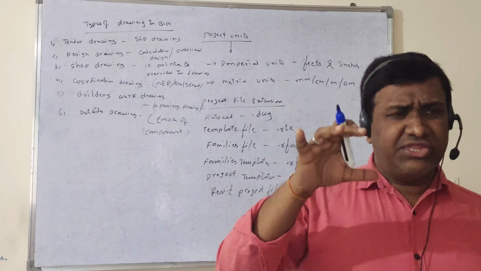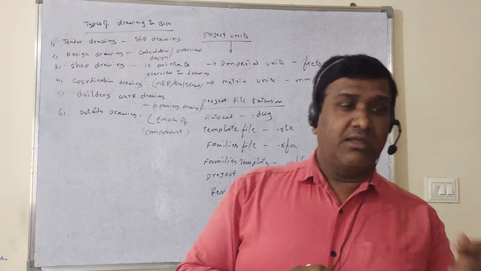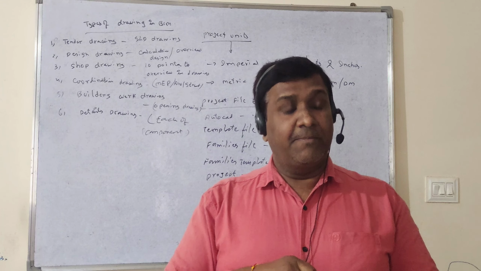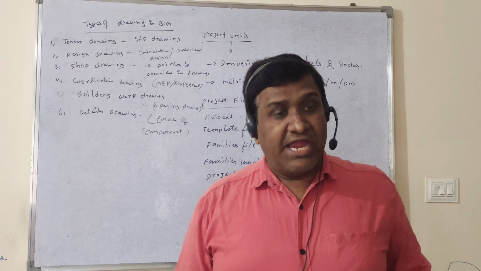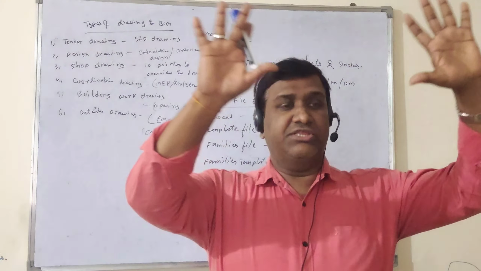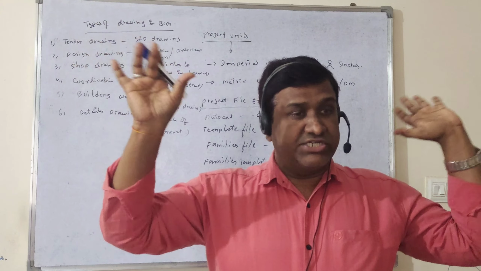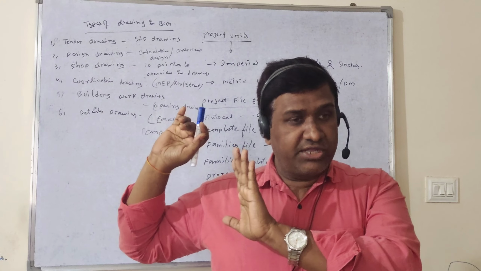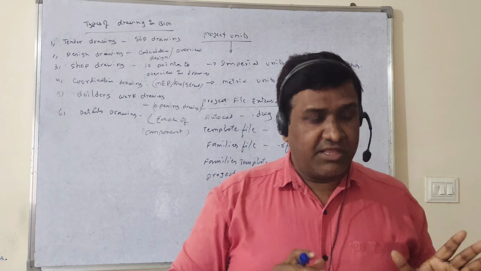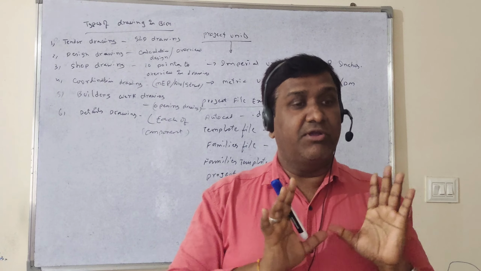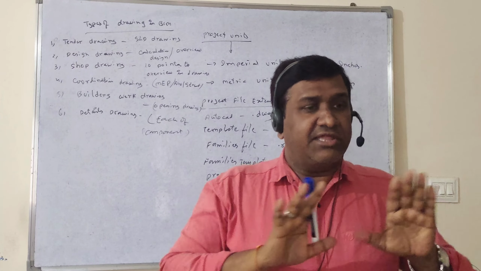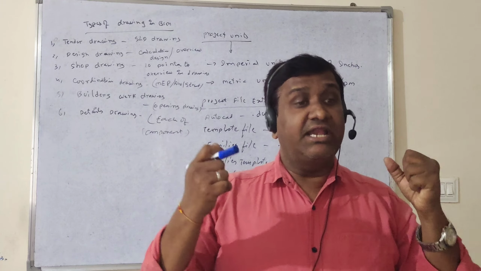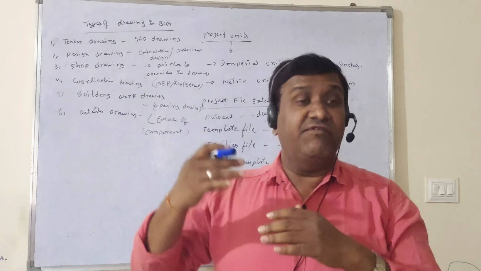Detail means everything should come in that drawing. Some contractors or engineers will ask, I need the kitchen details: how the kitchen ventilation is coming, how the kitchen platform is coming, where the kitchen hood is coming, where we have to place the chimney. All those things should be in the detailing, because they are asking only about the kitchen, not other rooms. For each room, we have to do different detailing. So that detailed drawing also we have to prepare.